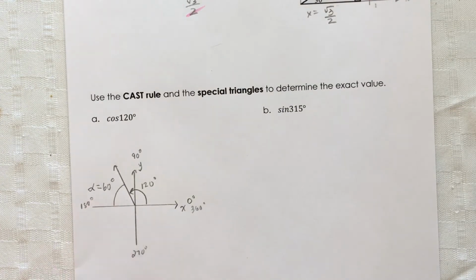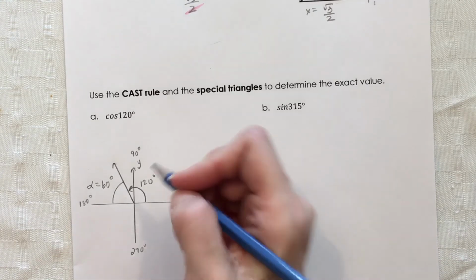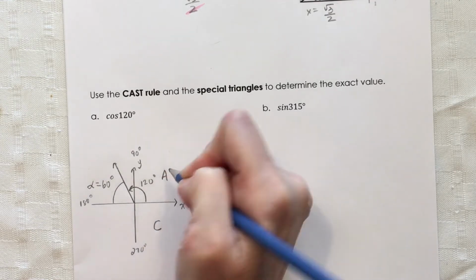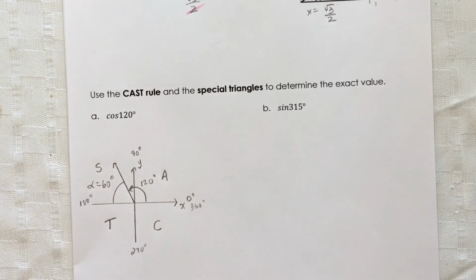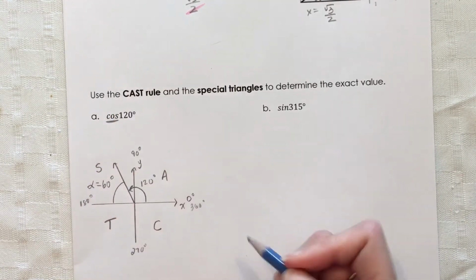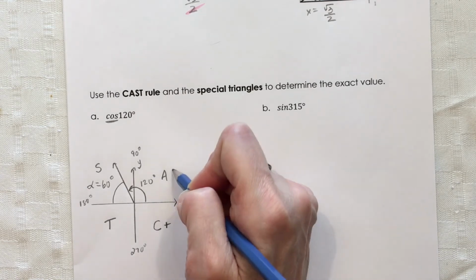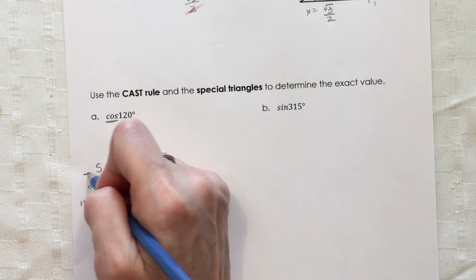All right, so alpha is 60, but rather than just turning around those triangles all the time, we can use the CAST rule. So the CAST rule tells us where, in this case, cos is positive. So cos is going to be positive here and here, which means it's going to be negative here and here.